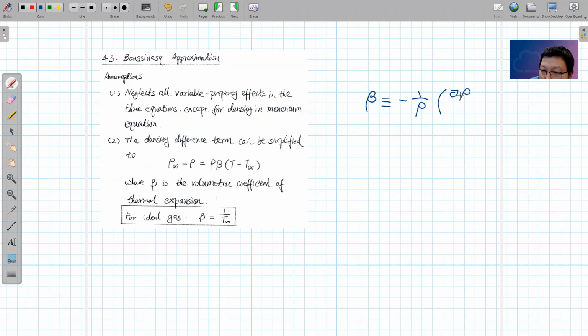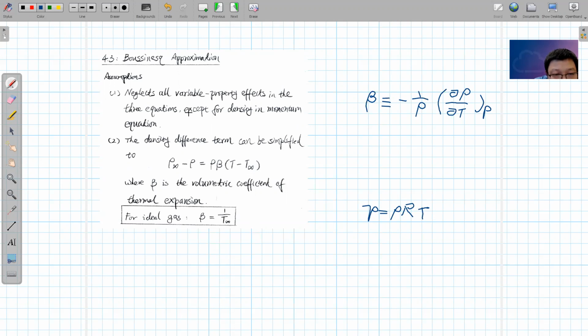So this is the definition of beta from the thermodynamic point of view. And if it's an ideal gas, which means you can consider P equal to rho RT, then beta is just equal to 1 over T.